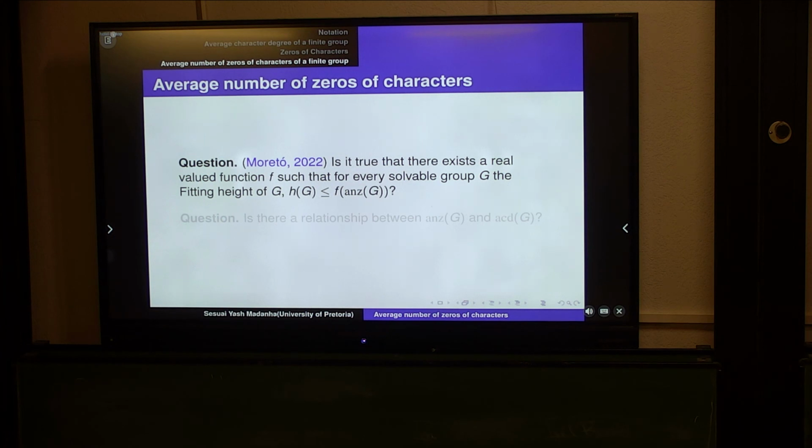That's one question that he proposed. And then another interesting question might be, is there a relationship between the average number of zeros and the average character degrees of a group? And so those are two open questions there. There are a bit more, but I just put these two here. And that is it. That's all I have for you.